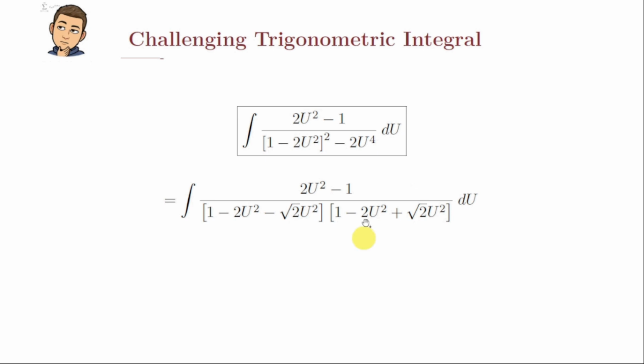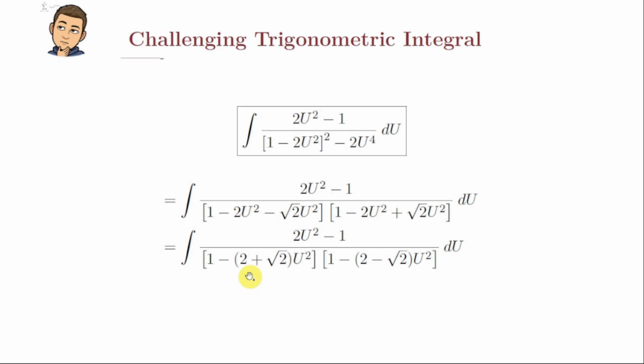Then the second factor is this one. Then we want to simplify this by combining the u squared. We get 2 plus square root of 2 u squared and 2 minus square root of 2 u squared.